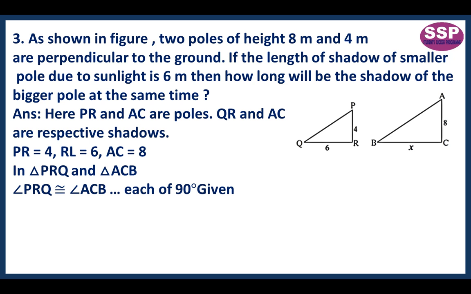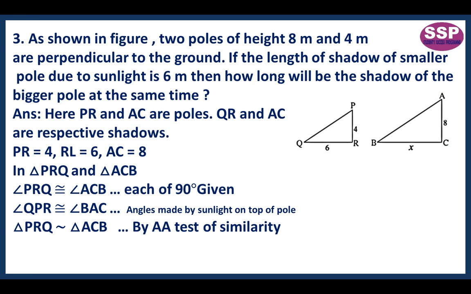That is given. Angle QPR is congruent to angle BAC because these angles are made by sunlight on top of the pole. Therefore, triangle PRQ is similar to triangle ACB by AA test.